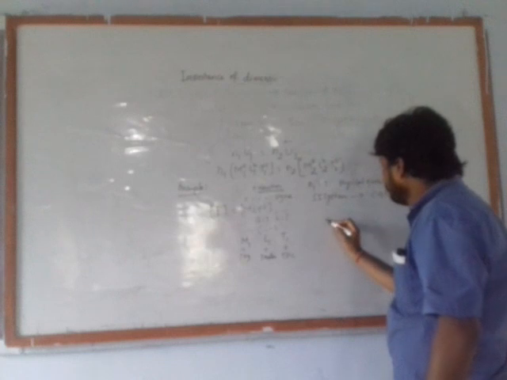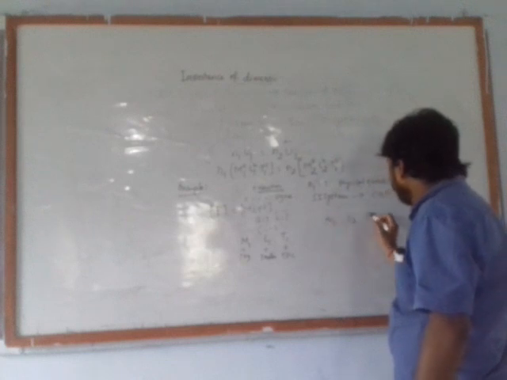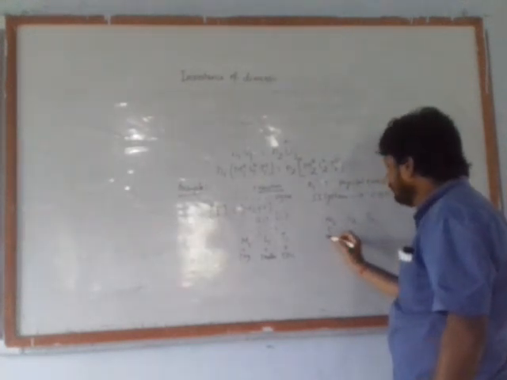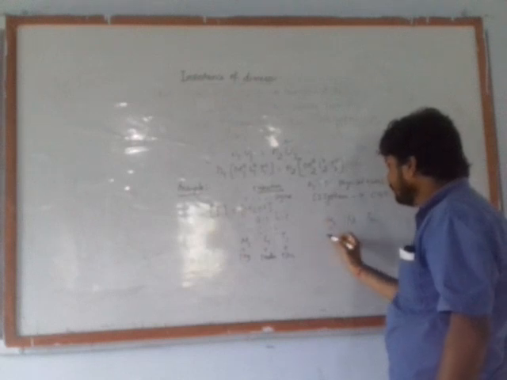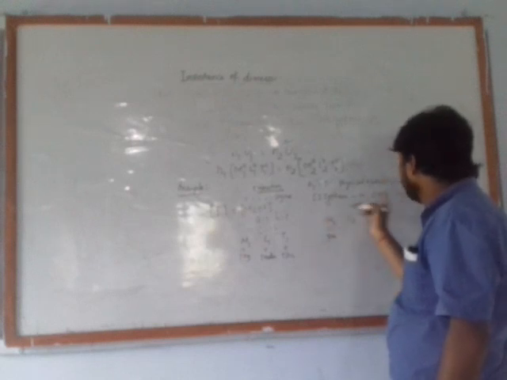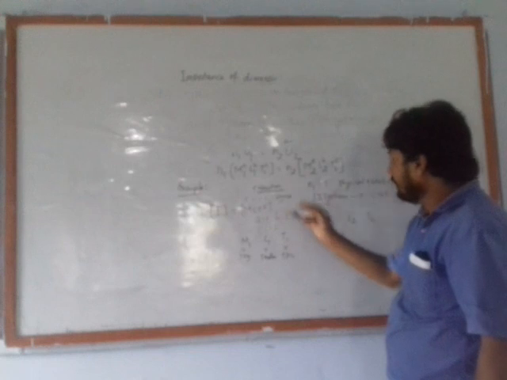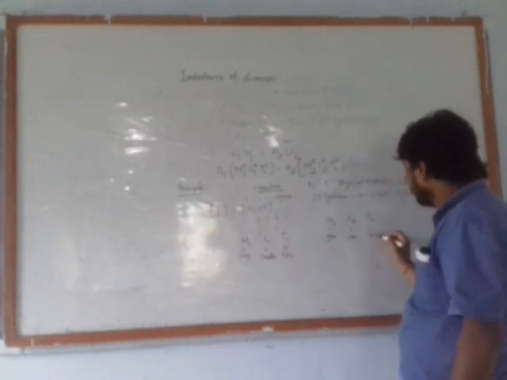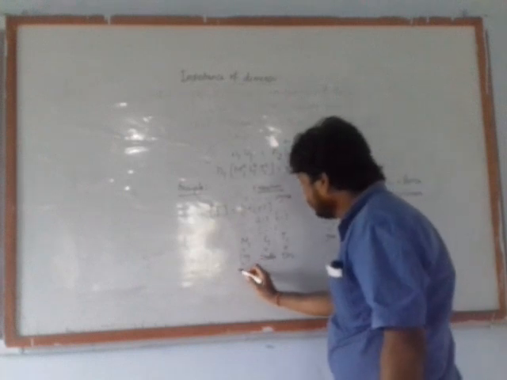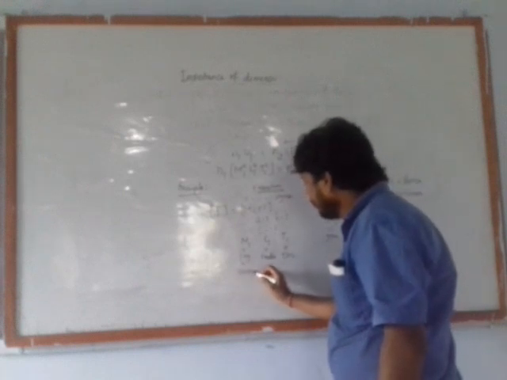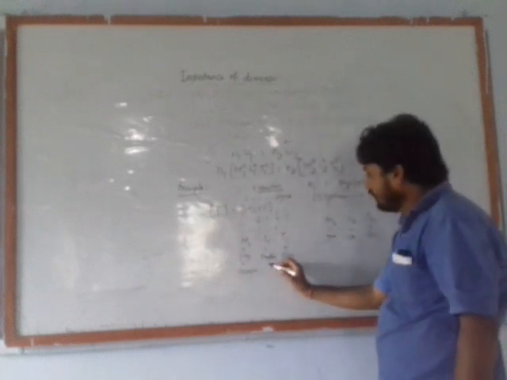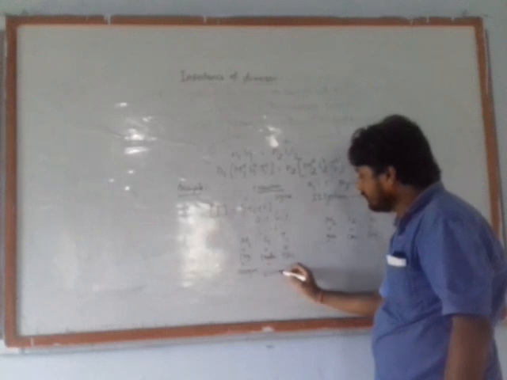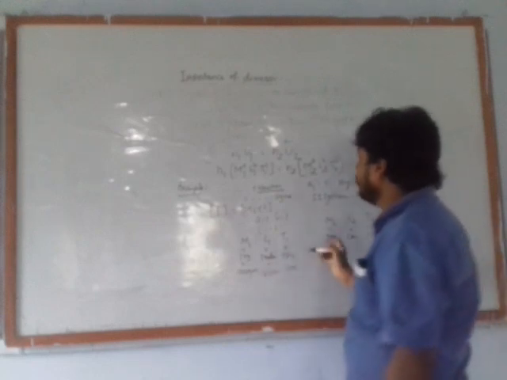Now we have to convert into M2, L2 and T2. M2 will be written in terms of gram, then only we can write dyne. Then L2 will be in centimeter and T2 will be in second. So 1 kg is 1000 gram, because we have to convert now, and 1 meter is 100 centimeter. This is 1 second.